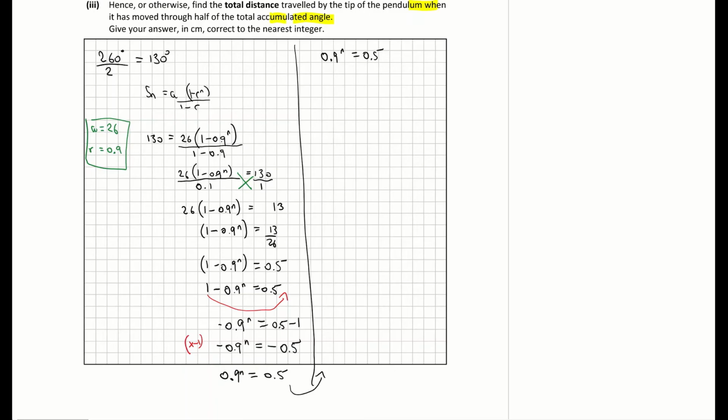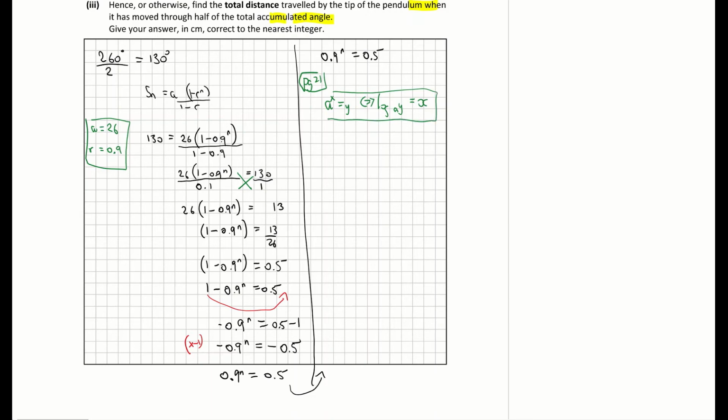Again, I'm going back now to my log tables on page 21. We've used it in the previous part here. The rule says a to the power of x is equal to y implies that the log of y to the base a is equal to x.